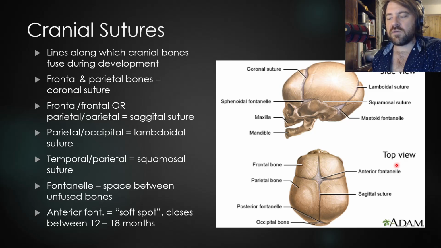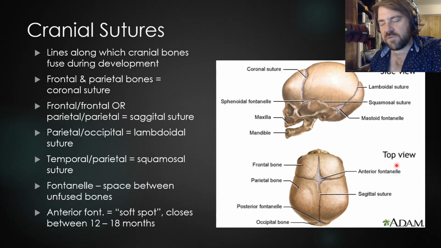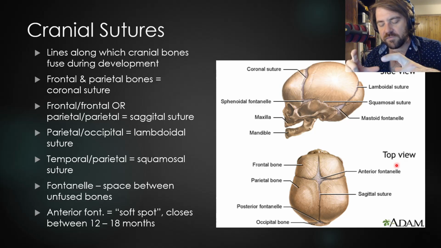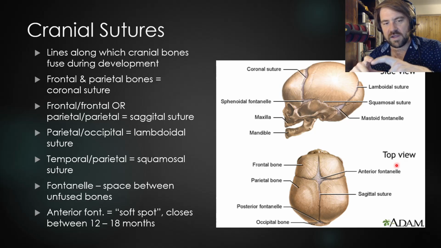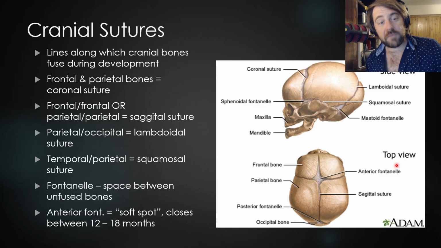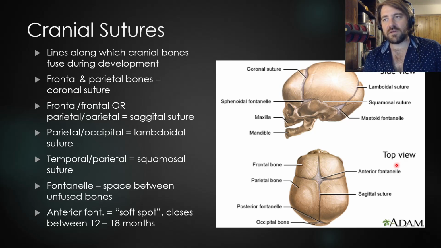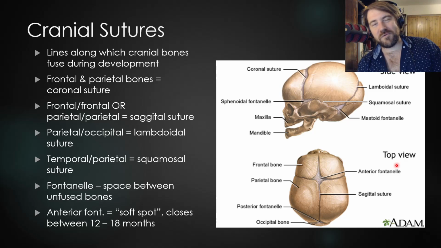Those are places where not only are the bones not fused, but the bones are pretty far apart. So there's just an area of skin and tissue, and right under that is dura mater, essentially. So the skull is somewhat not protected in those areas. That's why you're supposed to be extremely careful with the soft spots.